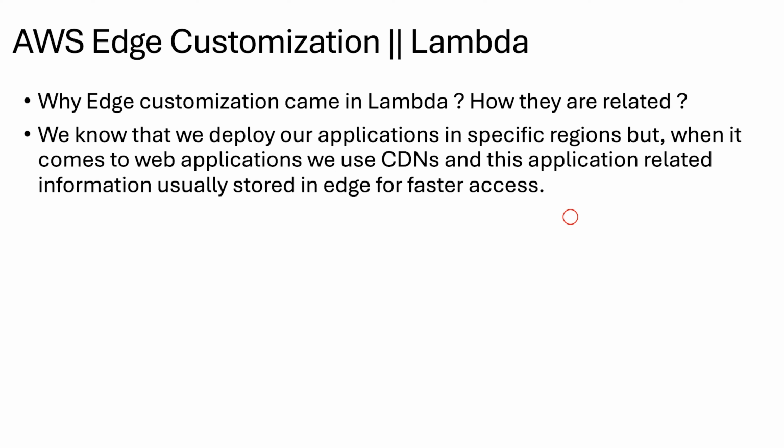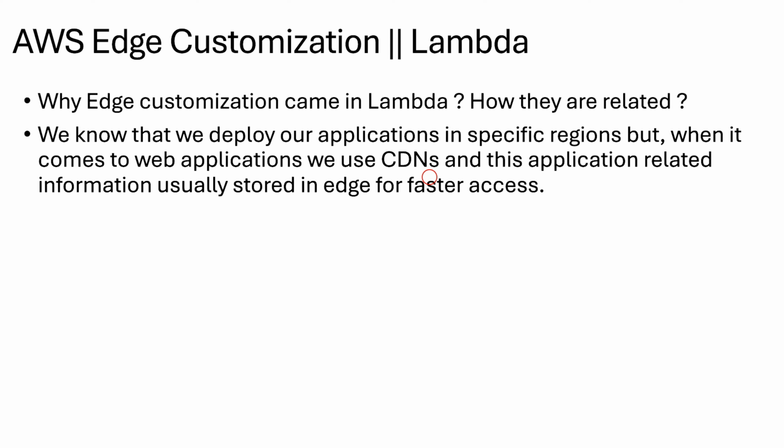For example, you have a website, and you want to serve it to multiple clients, for example, one client in the US, one in India, and another in England or some other place. Okay, so you deploy your static content into CloudFront, that is a CDN.